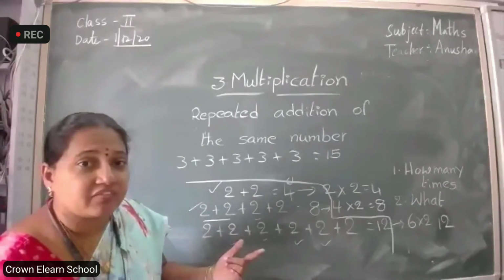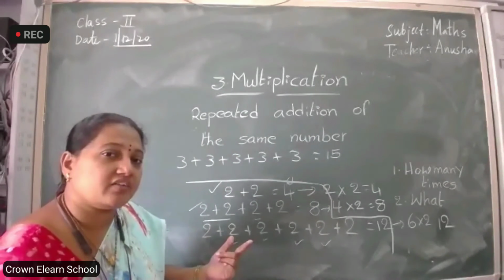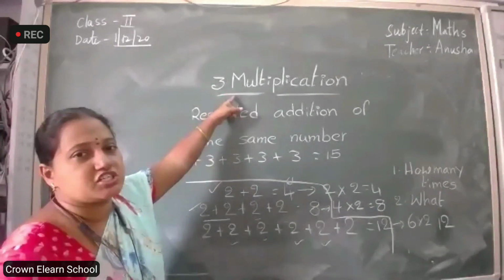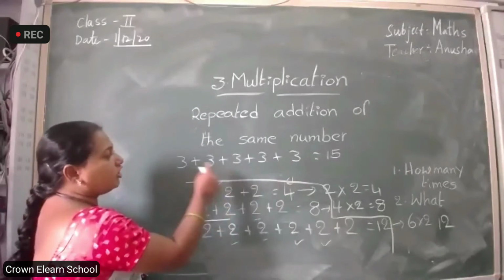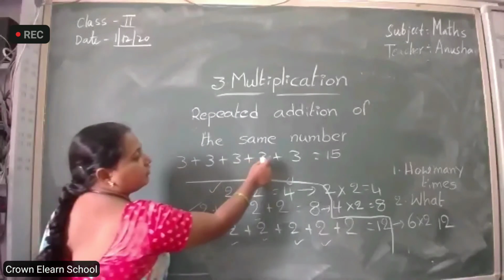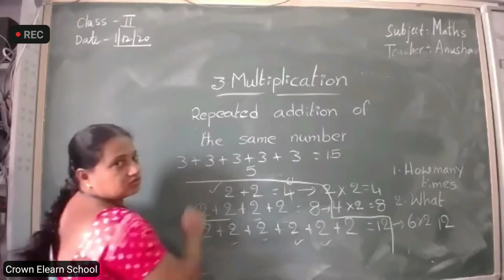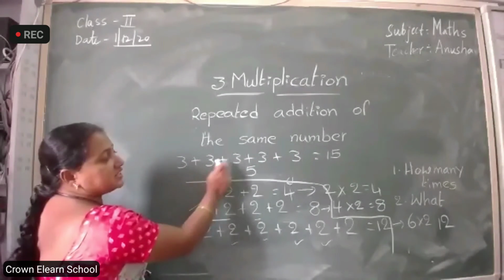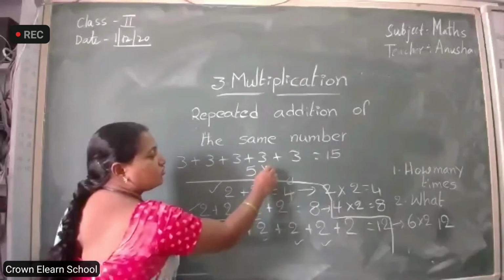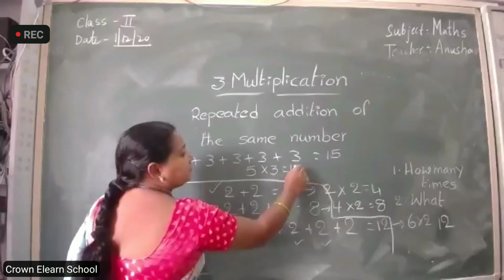What is another, faster way? Multiplication. See here. First question is how many times? 1, 2, 3, 4, 5 times. Next, what number is repeating here? 3. So 5 3s are 15. Easy.